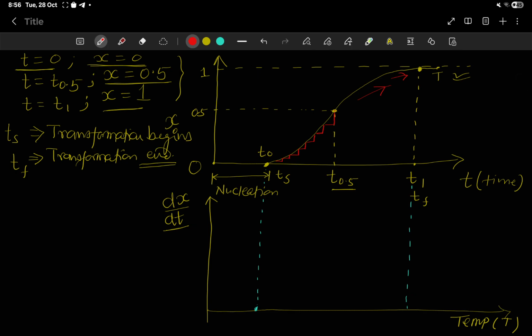So this is the nucleation zone, and this is the start of transformation. So we will get this point just before this. This graph will start just before this, and just after this the graph will finish, and in between it will have some maximum value here.